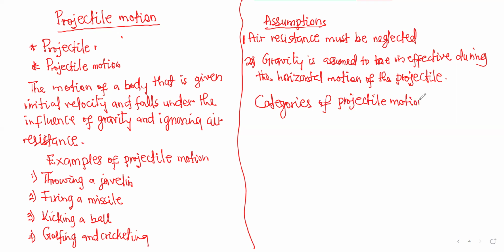We have one-dimensional projectile motion, meaning the body only moves along one dimension. And then we have two-dimensional projectile motion.